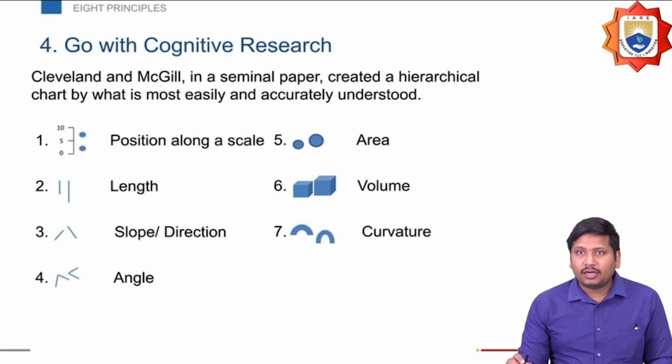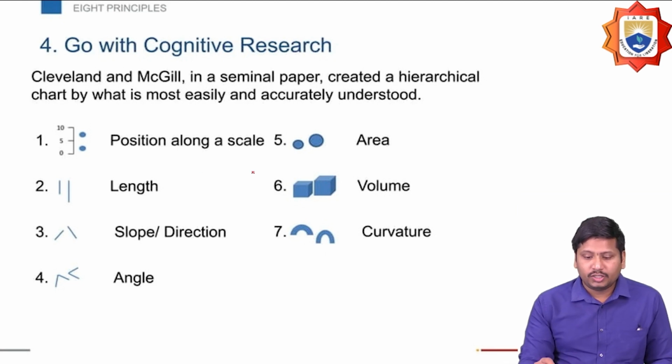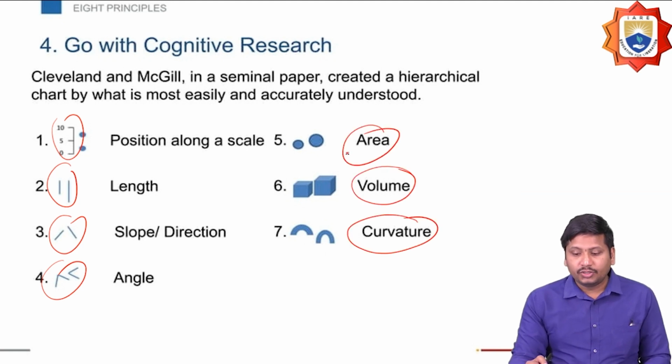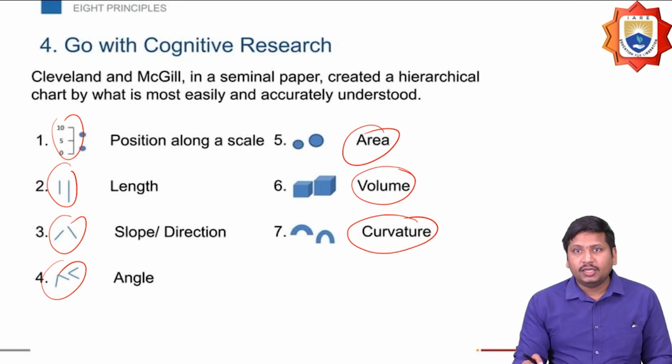So like the position along the scale, the length, then slope or direction, angle, curvature, volume, and area. These are some of the hierarchical symbols used in a hierarchical chart, which is going to make the cognitive research here.